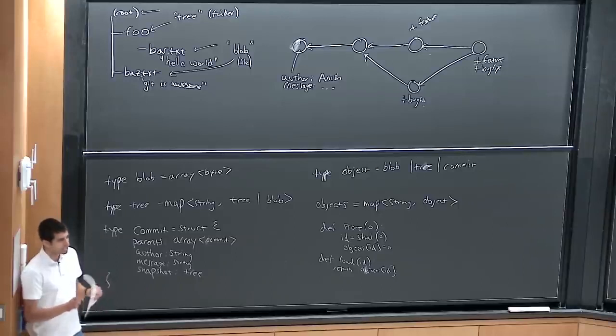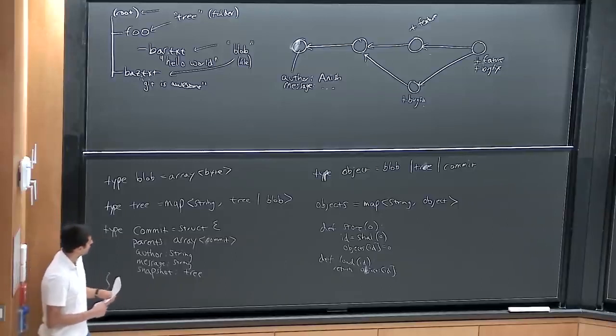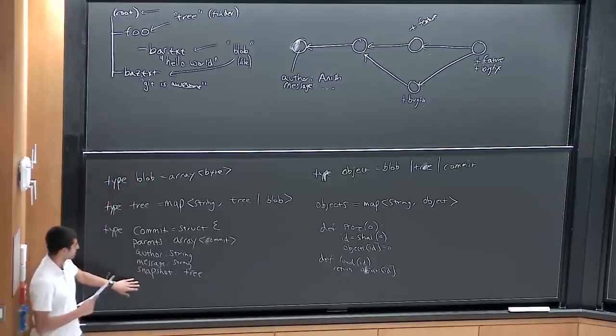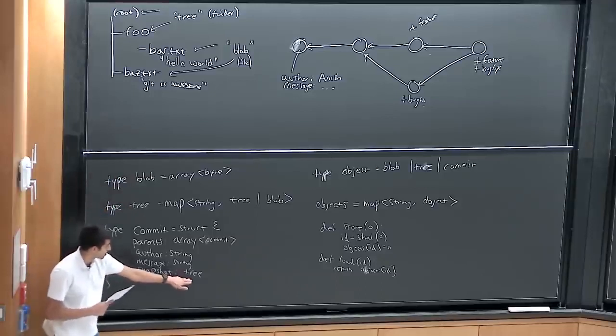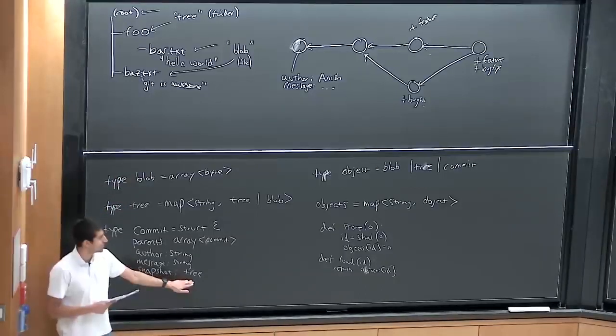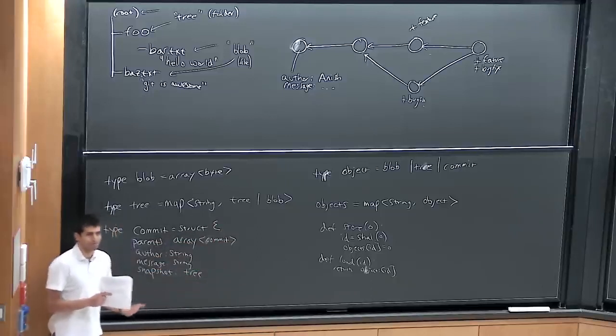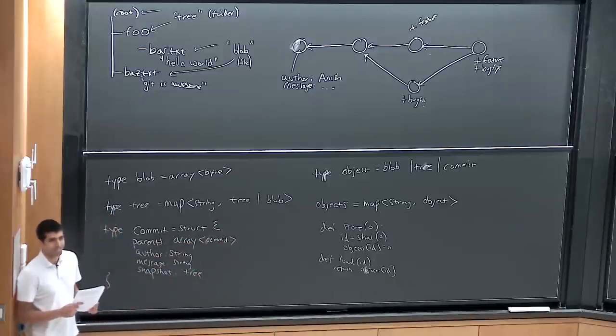Does that make sense? You can almost, in your head, map it to objects in a programming language like Java, and then this is a reference to a tree, so it's like a pointer, and then that is your RAM. Maybe this analogy helps, maybe it doesn't. There's a memory model for storing all this stuff that you're not telling us about, but it's an object store that's indexable by the hash.